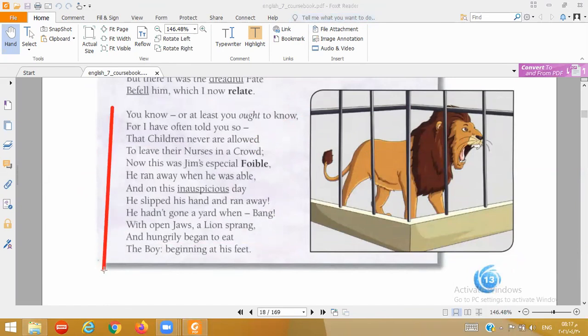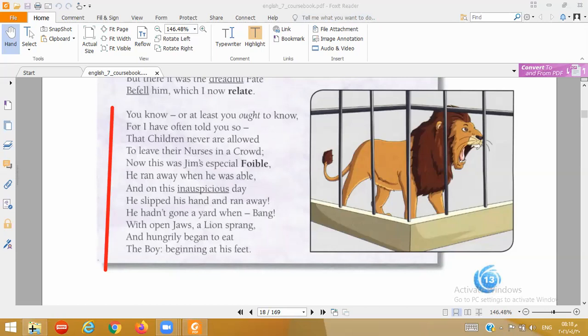You know, or at least you ought to know, for I have often told you so, that children never are allowed to leave their nurses in the crowd. Now this was Jim's special foible.